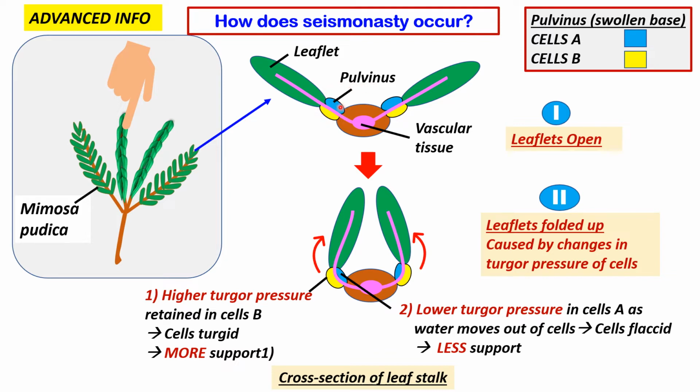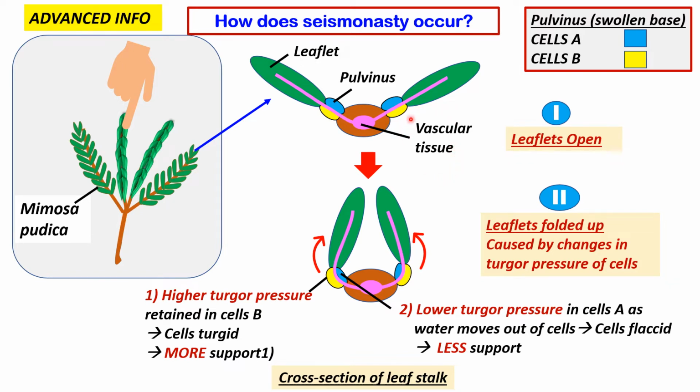The whole thing is called the pulvinus, the swollen base. It consists of cells A above and cells B below. They are parenchymal cells. Now when the leaflets are open, both these groups of cells, cells A above and cells B below, are actually full of water. And this causes the leaflets to be more or less in a horizontal position.